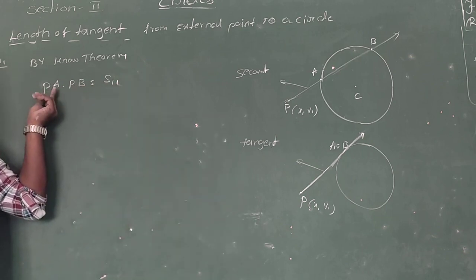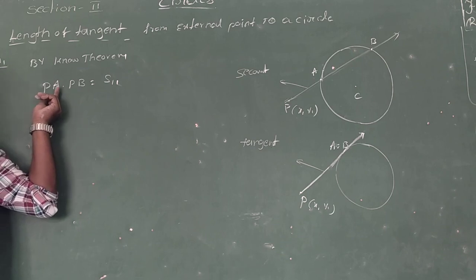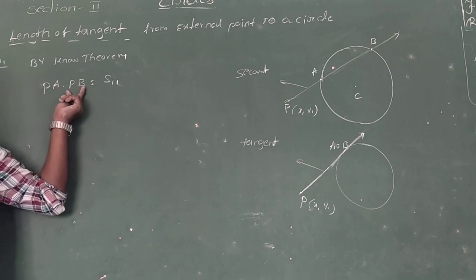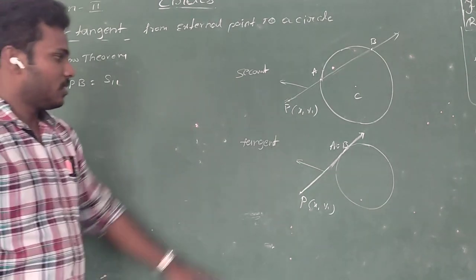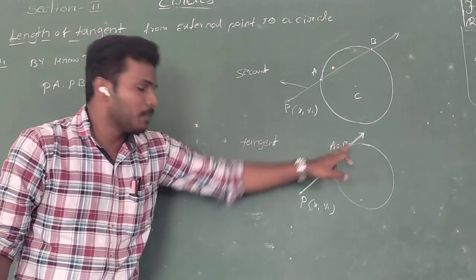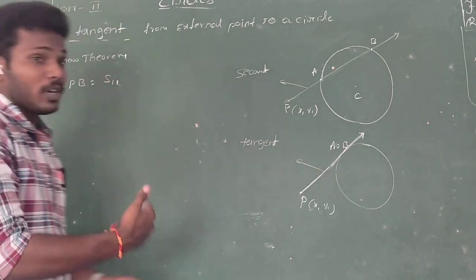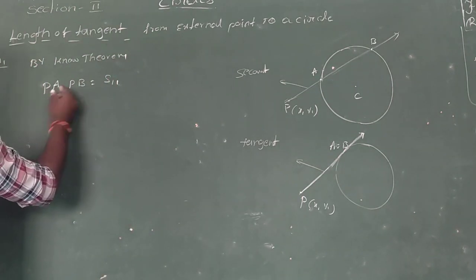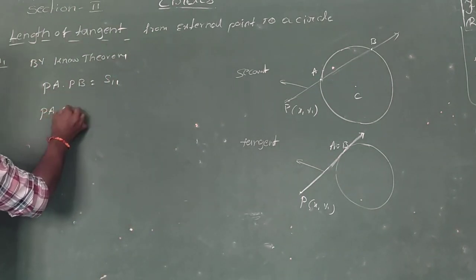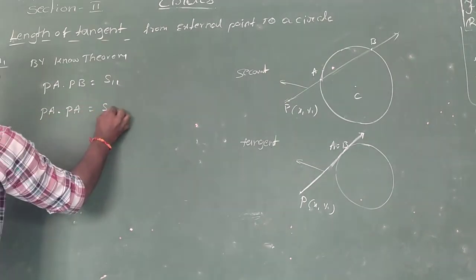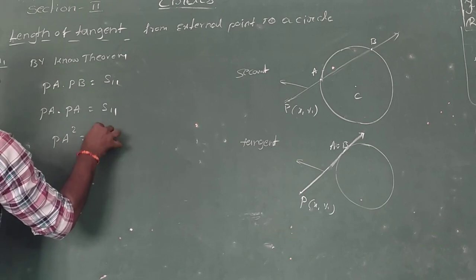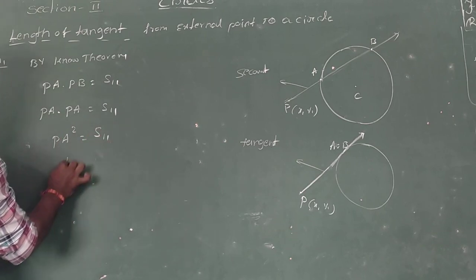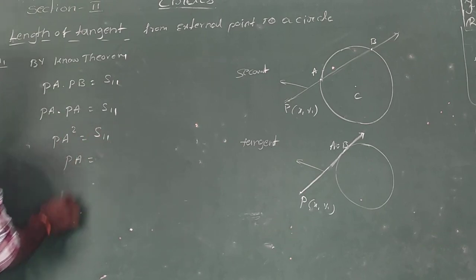In the tangent case, A and B coincide, so A equals B, and PA into PA is equal to S11. So PA square is equal to S11.